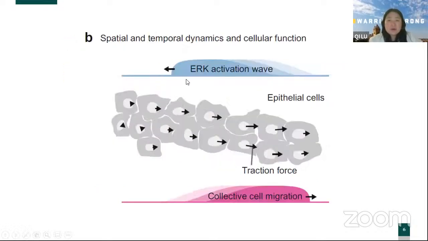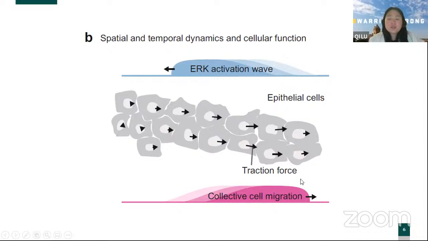Another cell function is cell migration. For all of these cells, the ERK activation wave starts from here. For example, these two cells expressing ERK are activated first, then these two, and then these two. This is the ERK signal activation wave.